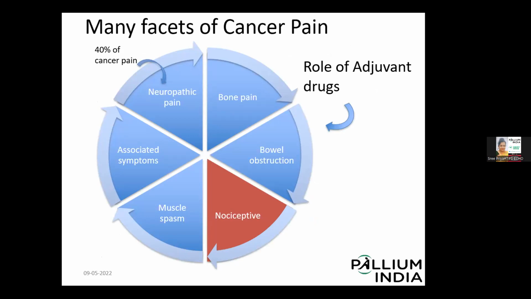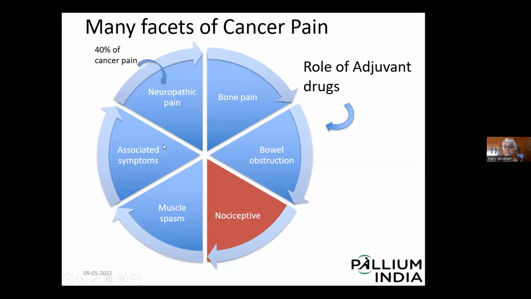Okay. So why is there a need for adjuvant drugs? Cancer pain is not just nociceptive. It could be due to bowel obstruction, it could be due to bone pain, it could be neuropathic. In fact, 40% of cancer patients have neuropathic pain.